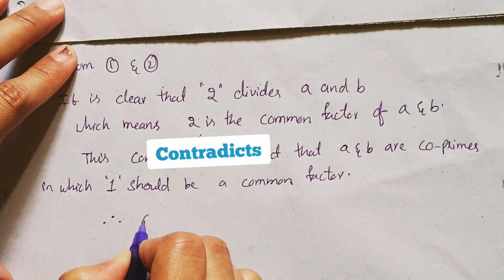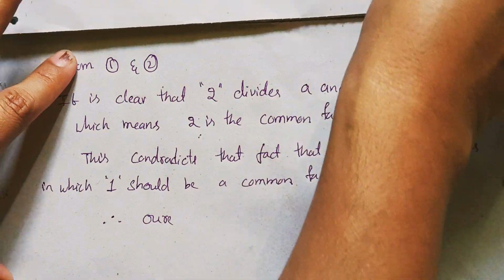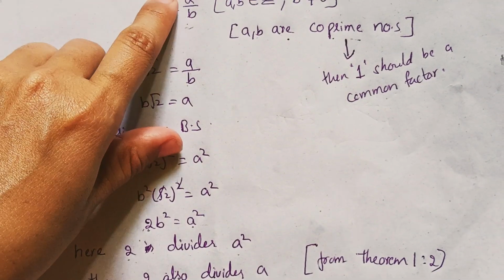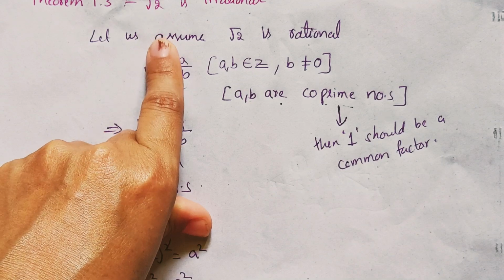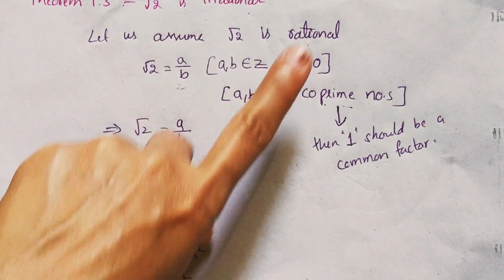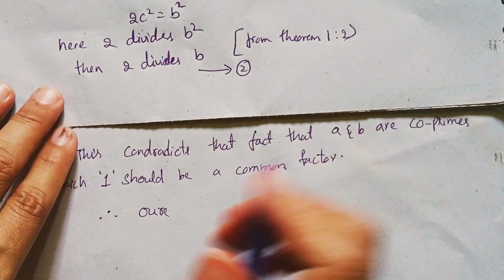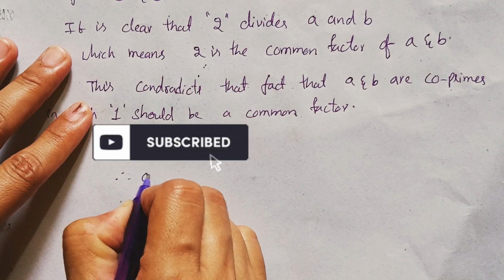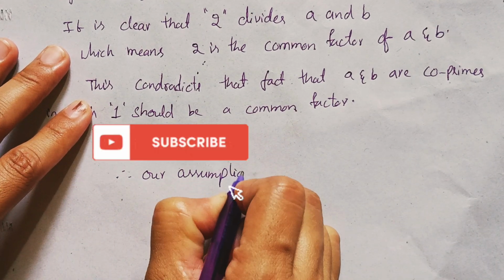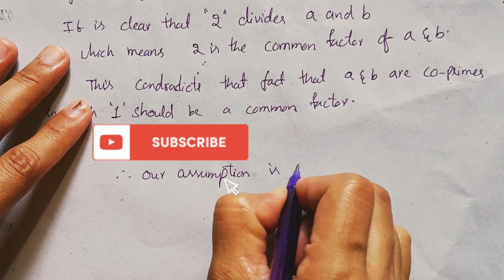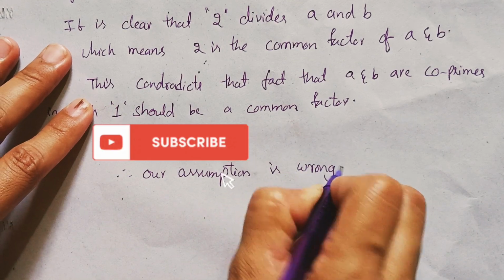Therefore, whatever we assumed here, we assumed that root 2 is a rational number. So our assumption that root 2 is rational is wrong.